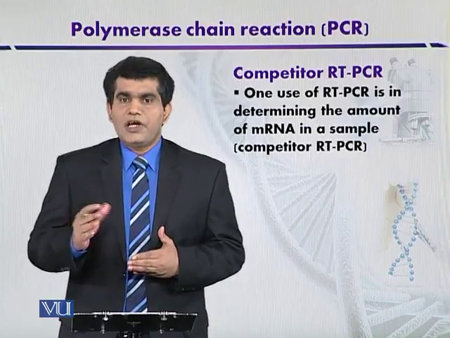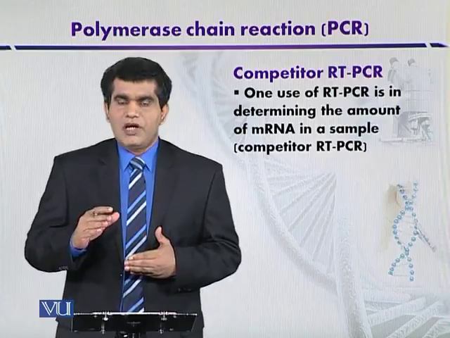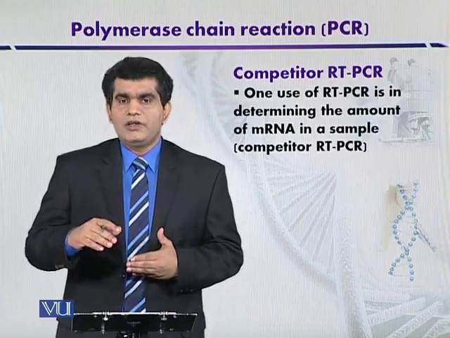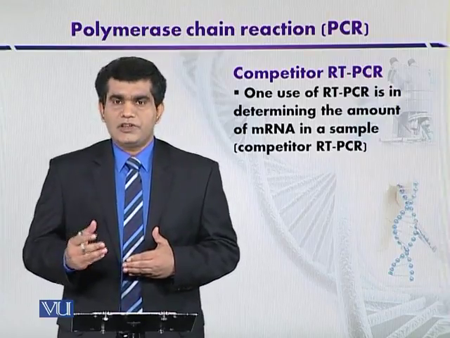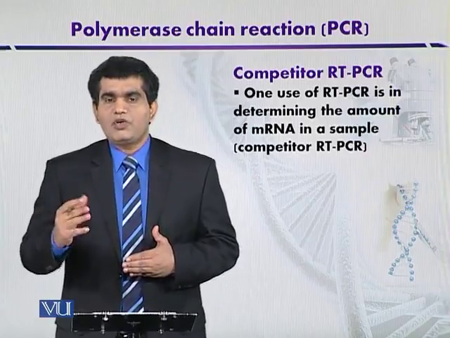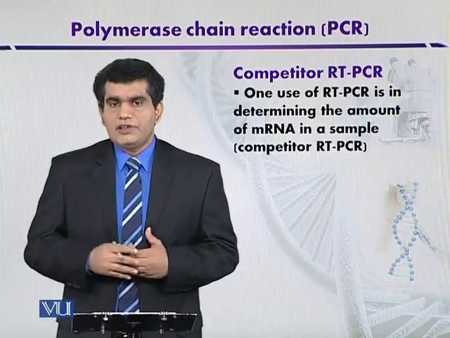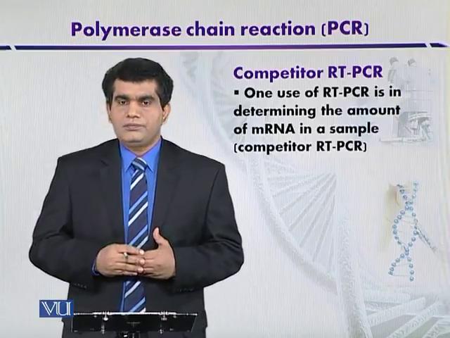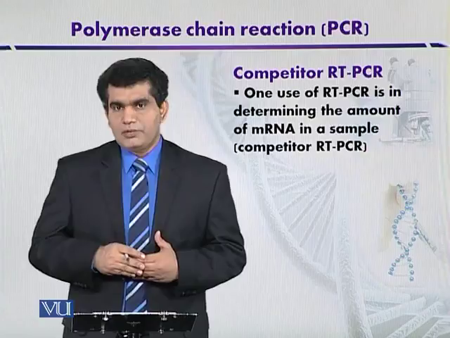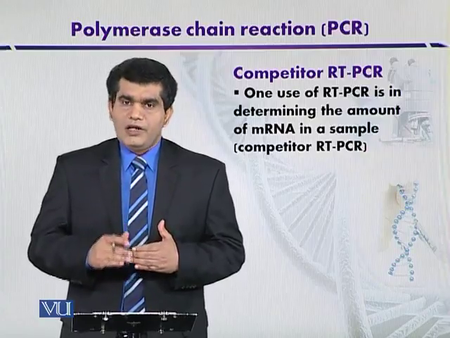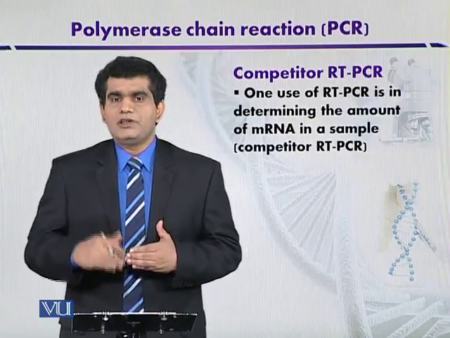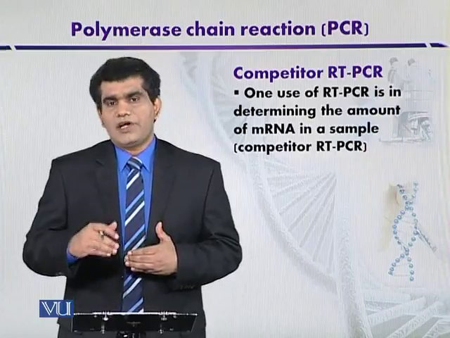In this case, we can get what we commonly call false negative results: the result is actually positive, but because of certain RNA inhibitors, the RNA is degraded and not detected. To overcome this problem, we can also add the competitor RNA in the reaction mixture.